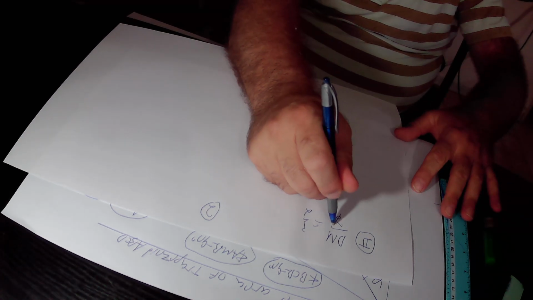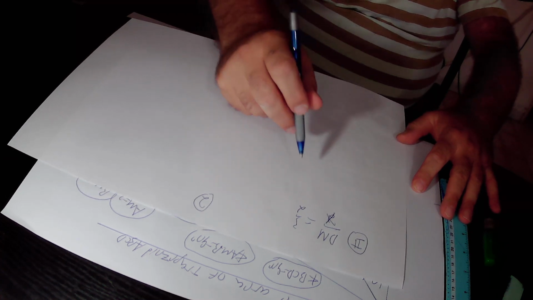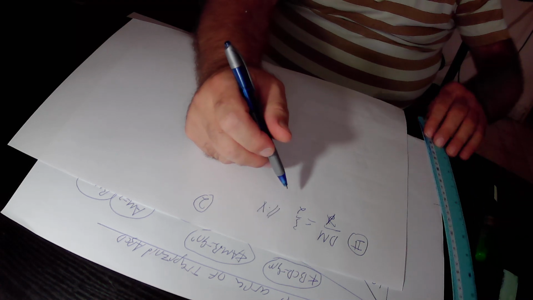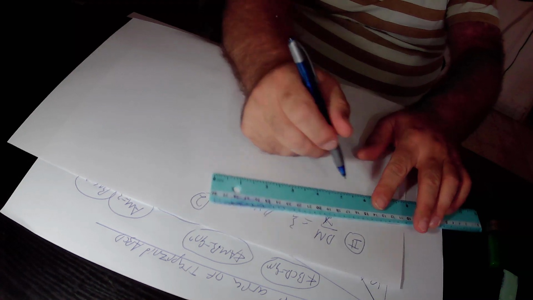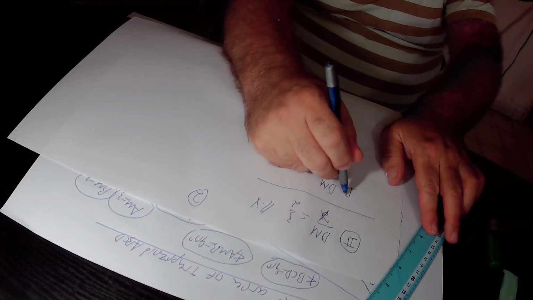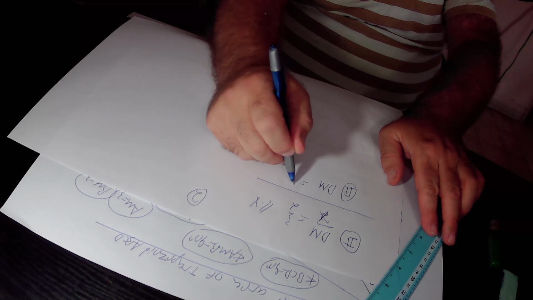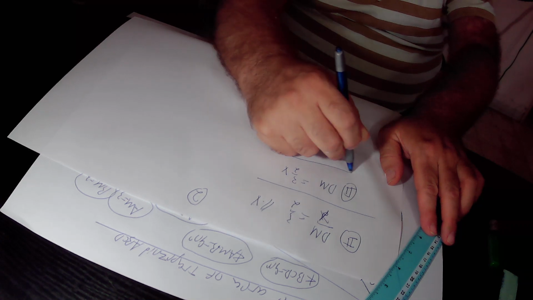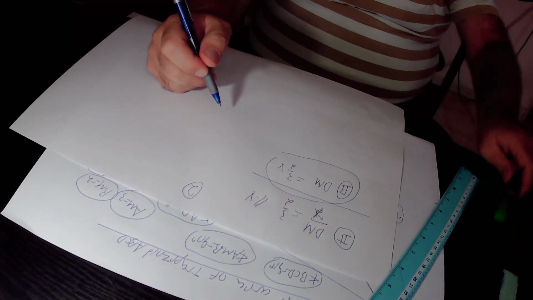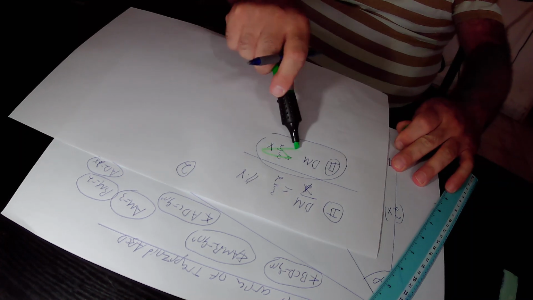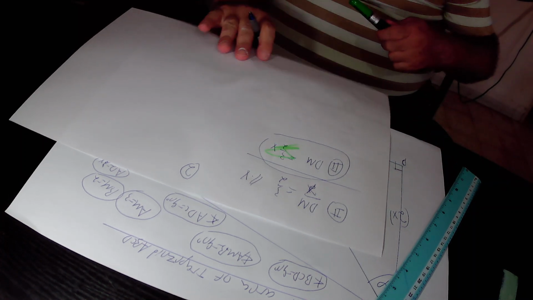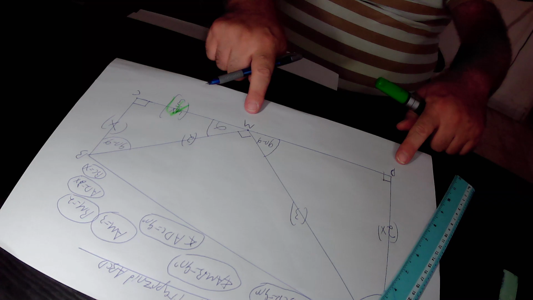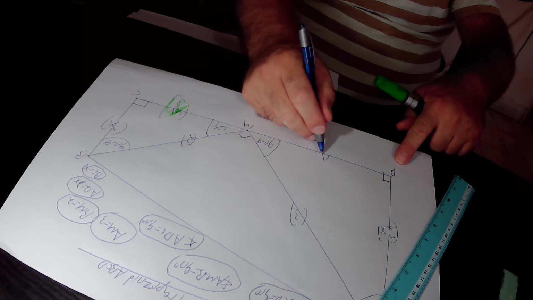So here we multiply this equation by x, and we get that DM equals 3 halves times x, so 3x over 2. So this line segment, side DM, equals 3x over 2 units in length.